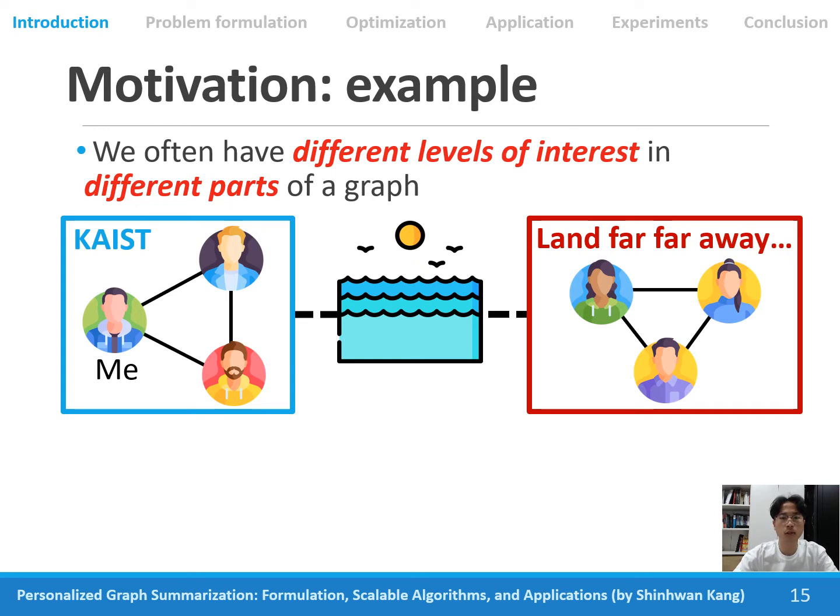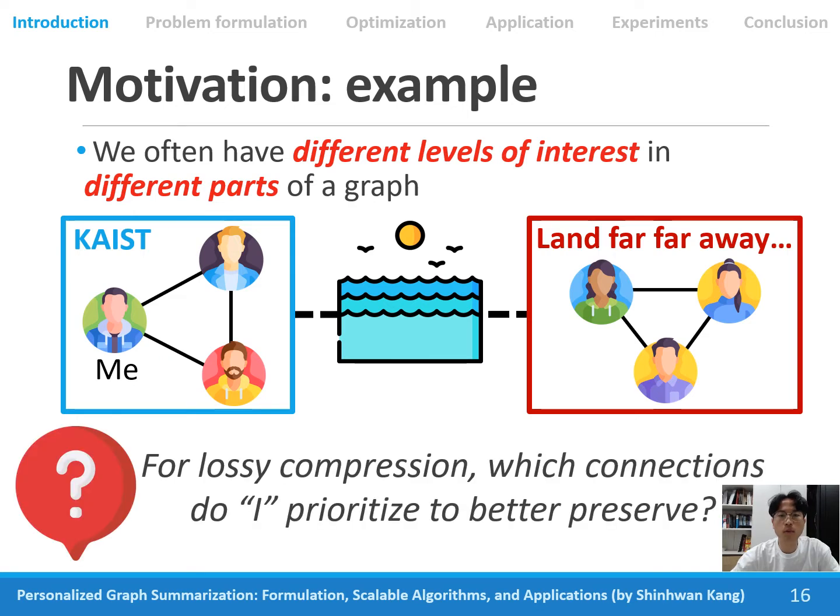Consider a large social network. The network includes people in KAIST where I work at and also people in a land far away. If I have to bear information loss to compress the social network into a summary graph, which information should I prioritize to preserve between connections between people in KAIST and connections between people in a land far away?